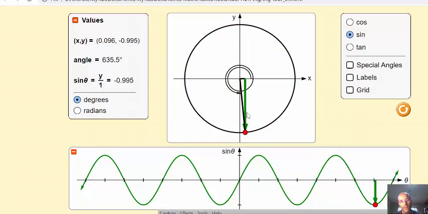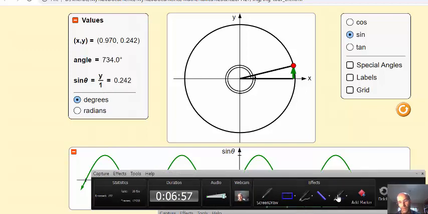Can you see on the unit circle too that the angles are overlapping? That's because I've done more than one period, more than one revolution. So going right around 360 degrees is one period for the sine wave. 360 degrees.